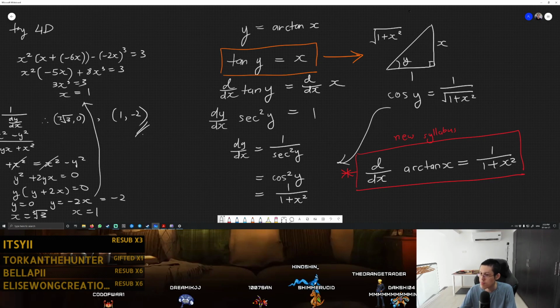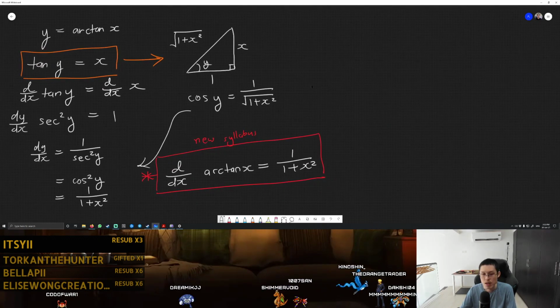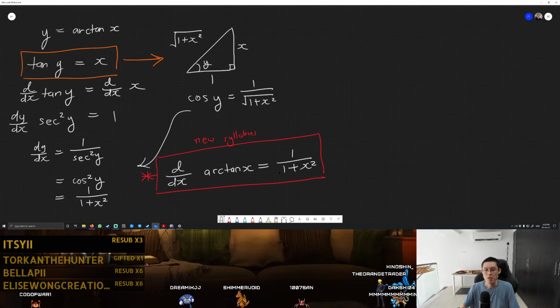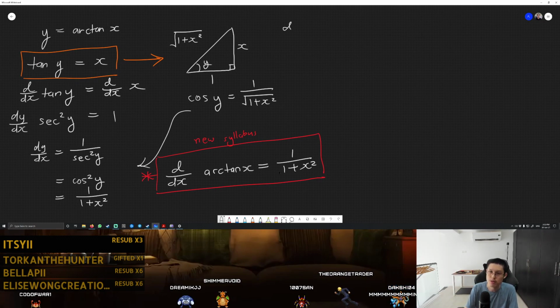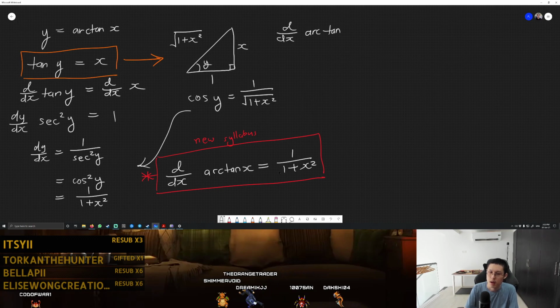Anyway, what happens if we are trying to differentiate arctangent, but instead of x, we have some function of x? Oh no, what do we do?